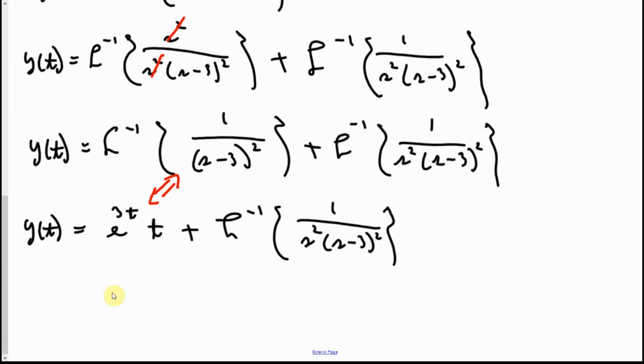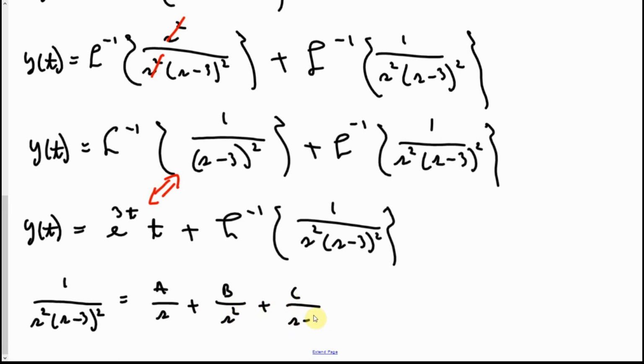For that second part, we're going to use partial fractions decomposition to break it down. This is A over s plus B over s squared plus C over s minus 3 plus D over (s minus 3) squared.